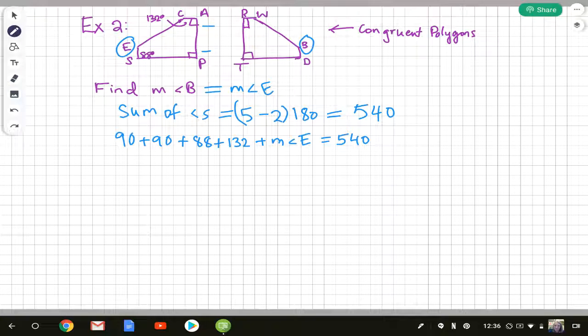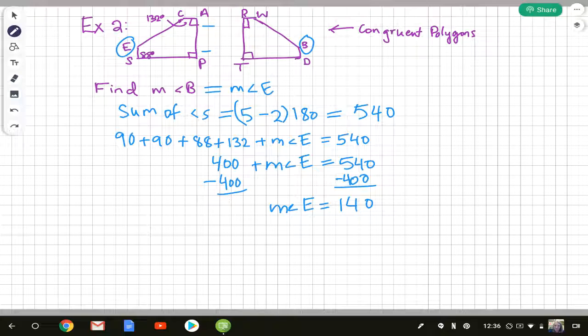So if I add up all of the ones I know, 90 plus 88 plus 132, I get 400. So 400 plus the measure of angle E should equal 540. Then I'll subtract 400 from both sides. I'm going to end up with measure of angle E equals 140.